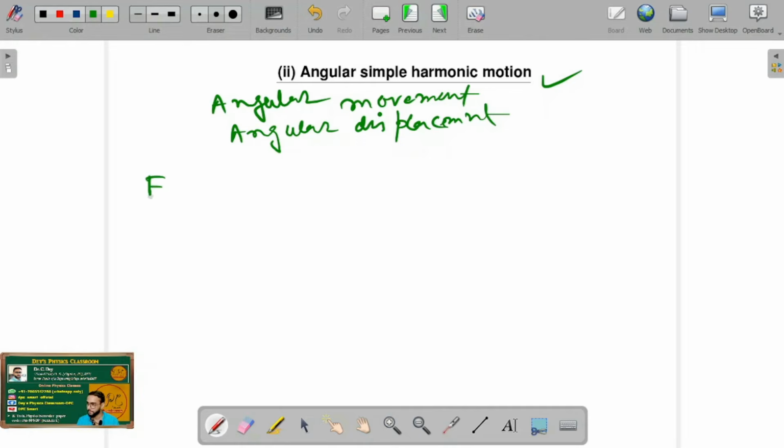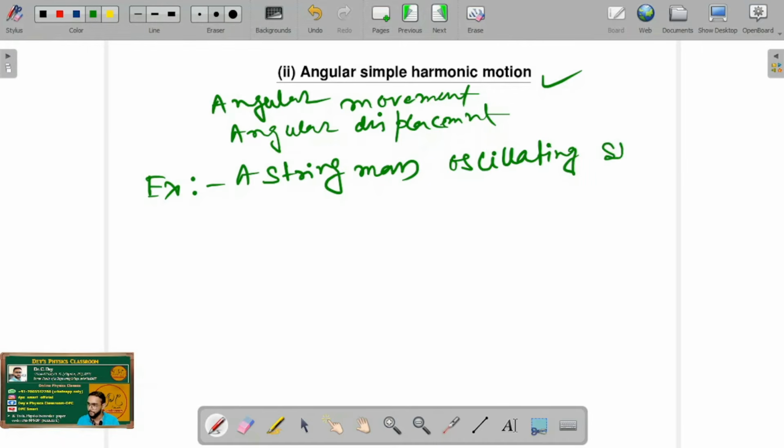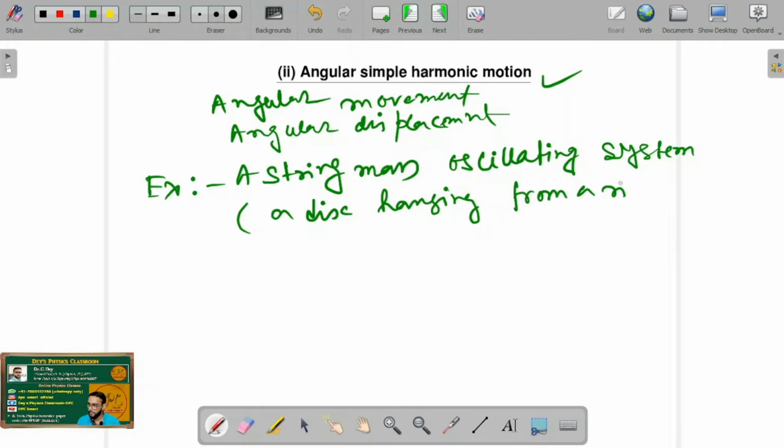For example, a spring mass oscillating system, that means a disc hanging from a rigid support and it is twisted.